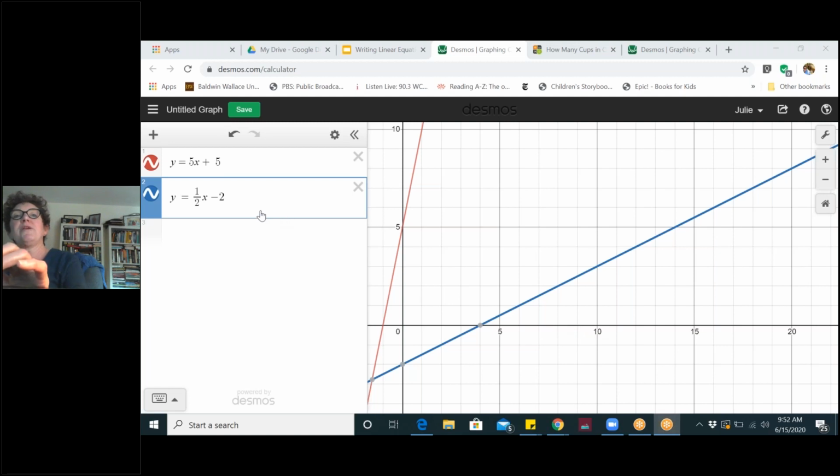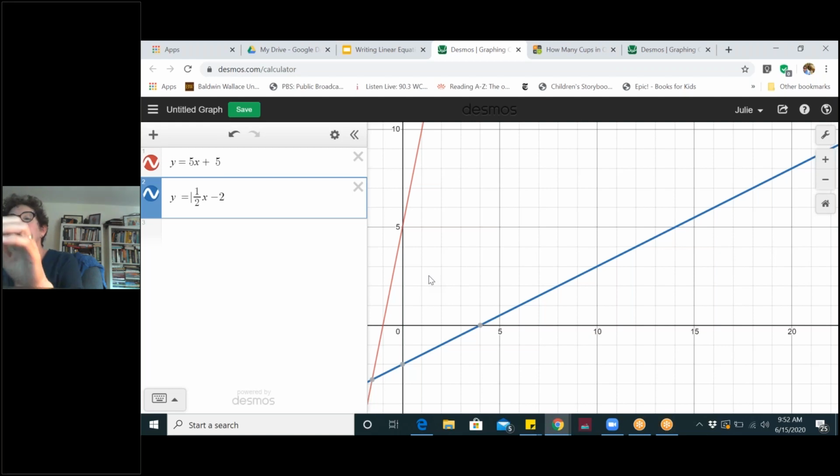So what do you think will happen to this line if I change the 1/2 to a negative? Which line? It would be a negative. Yeah, this blue line. What do you think will happen to it if I make that slope -1/2? The line would be going down.